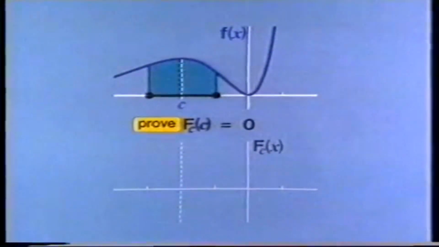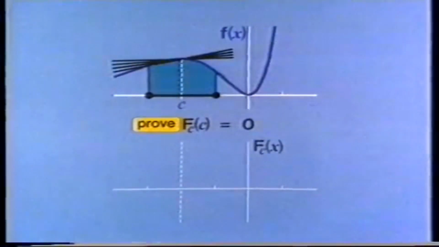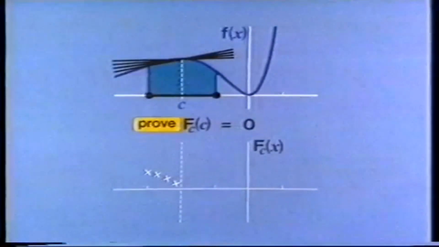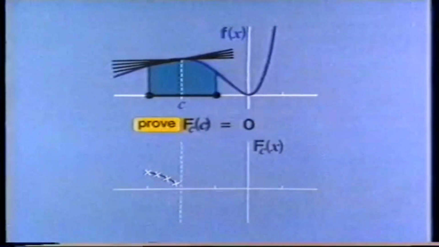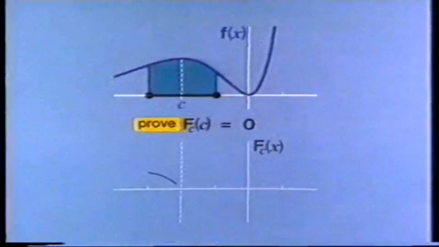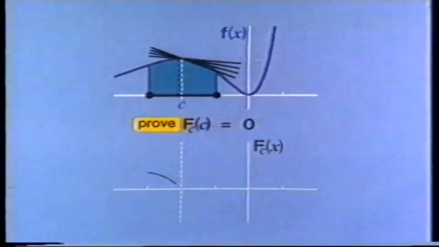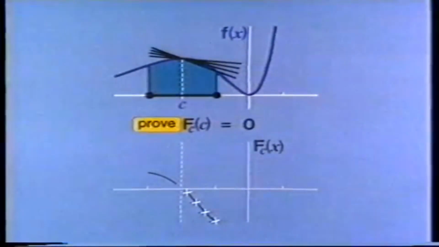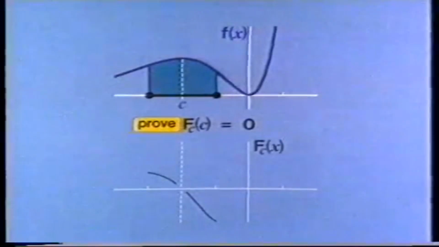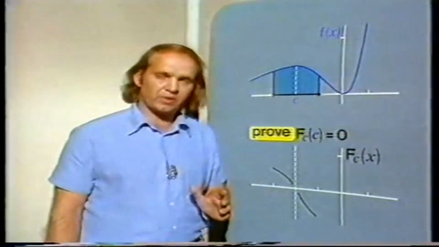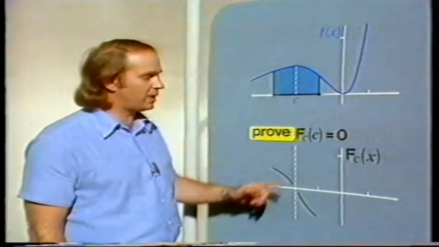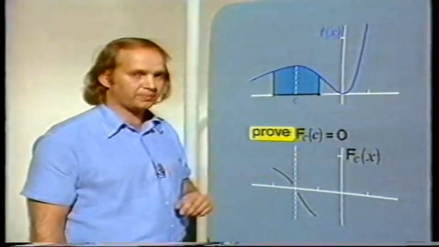Well, consider the values of the chord slope function at points near c in our interval. For chords through points to the left of c, the chord slope values are all positive. And for chords through points to the right of c, the chord slope values are all negative. And we can use the continuity of the chord slope function to show that its value at c is equal to 0.